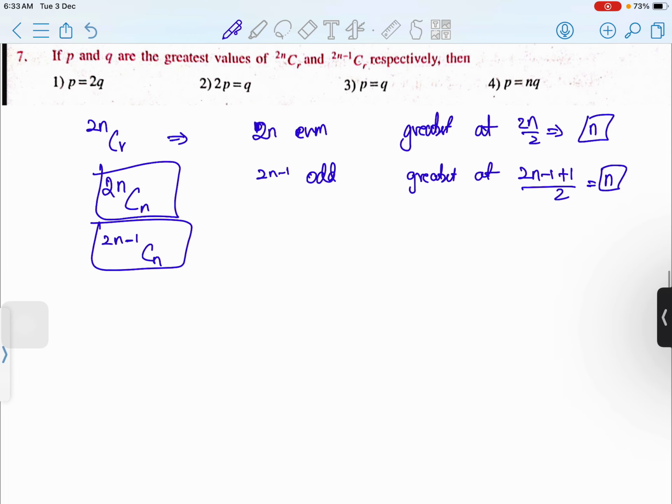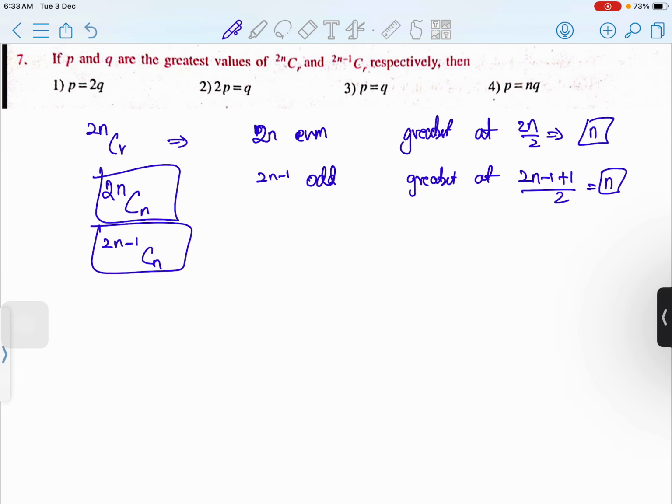So they asked you to find the relation between P and Q. So let's find out what the greatest values are; the first one is given as P, and this one Q. Let us divide P by Q. We will get 2nCn divided by 2n minus 1 Cn. Already in the beginning of the class we discussed some formulas: base and all same, power alone consecutive.